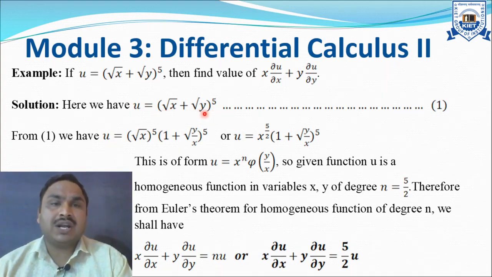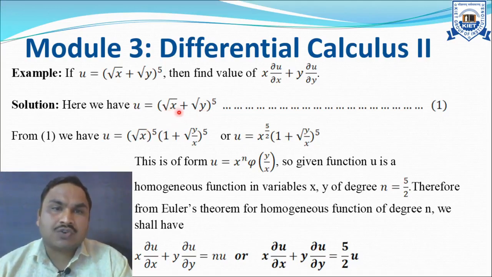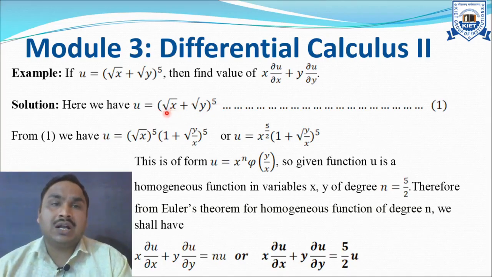So we firstly find out the degree of this function. For this we take root x common from here. If we take root x common, whole power 5, already x exists, root x means x raised to the power half. So (root x) whole power 5 will be outside, and inside we shall have 1 plus under root y over x.